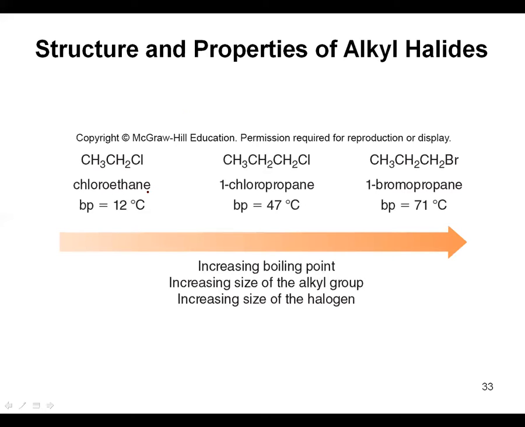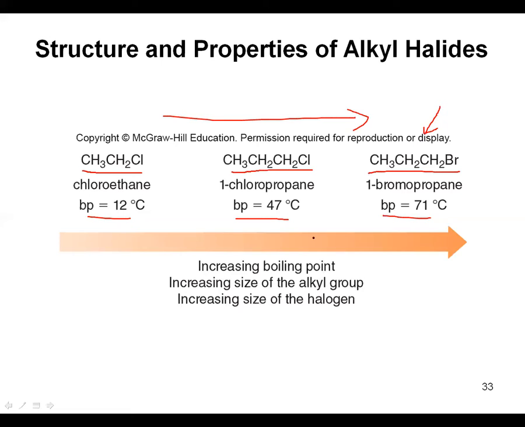So here, these are all alkyl halides. If we were to name them, this would be chloroethane, this would be 1-chloropropane, just like we did with alkanes, and 1-bromopropane. The size is increasing as we go to the right, and the boiling point also increases as we go to the right.